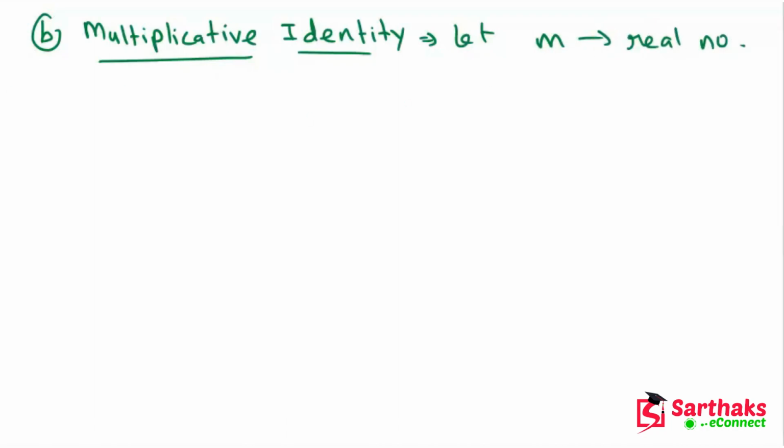If we multiply a number with m and we get the same number m, then this number is the multiplicative identity.